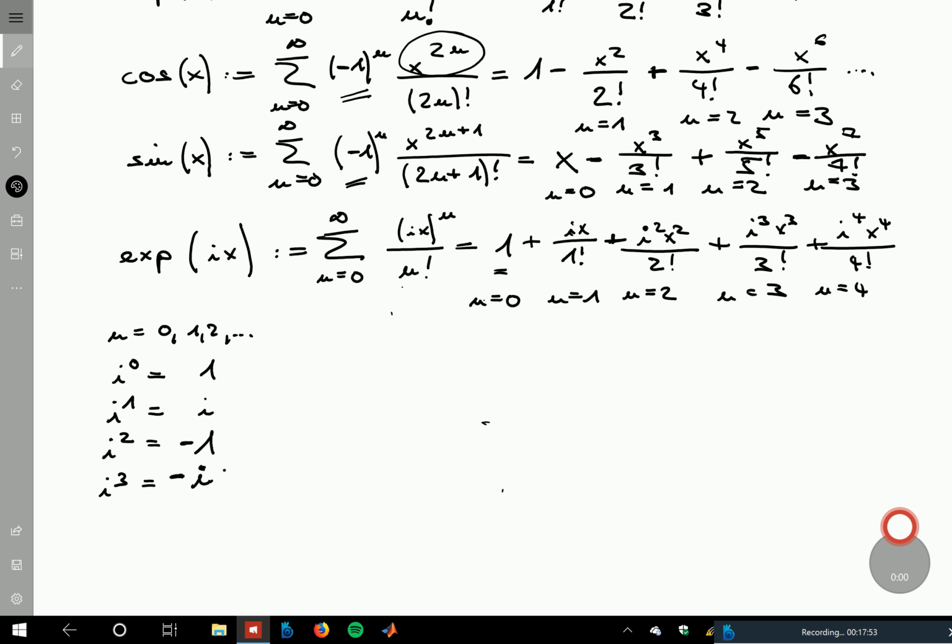Let's go on. i^4 is i squared times i squared, so that's -1 times -1, which is +1. So 1 essentially. i^5 is then 1, which we've just seen here, times i, so that's plus i again.